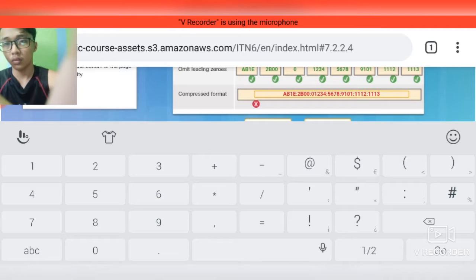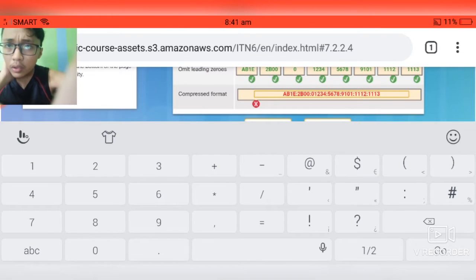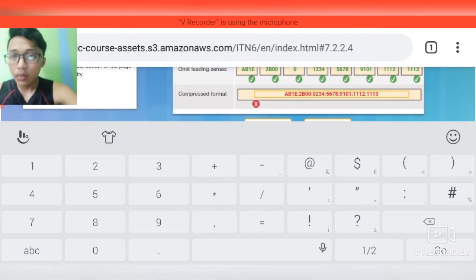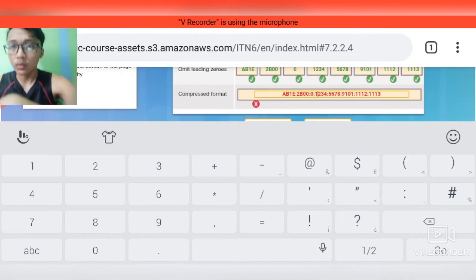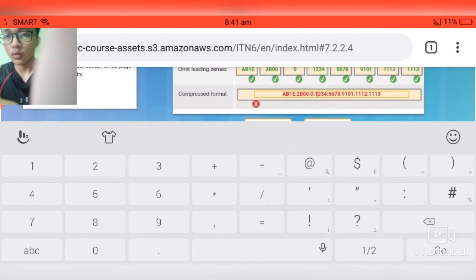So we have an error. The error is we don't have a colon here. So go and check if it is already correct.